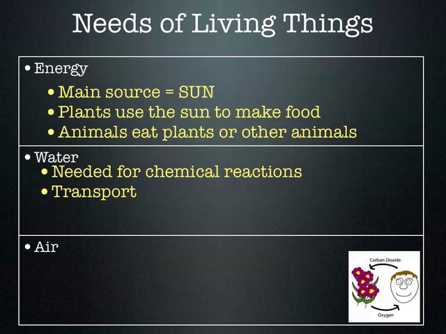It also moves things around our body. How does stuff get from one part of our body to another? Mainly through our blood, and our blood is mainly made of water. So water is important as a part of our blood, or in other living things, to move stuff around.